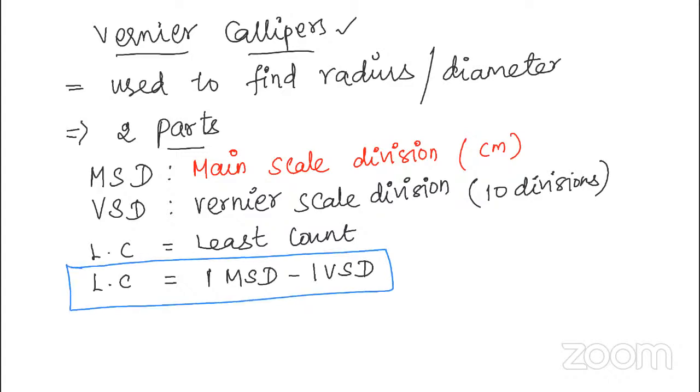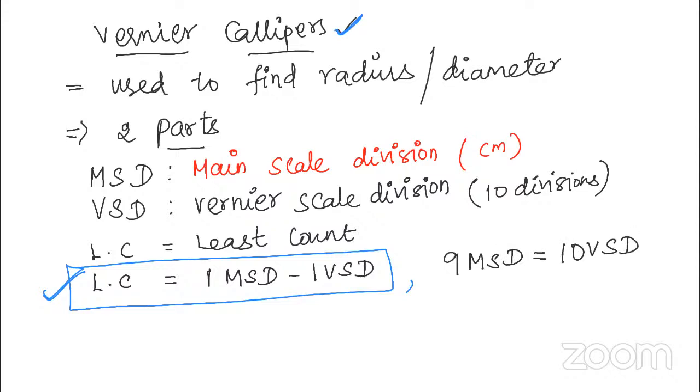So least count of vernier calipers is 1 MSD minus 1 VSD. We can remember another thing also, that is 9 MSD is equal to 10 VSD.